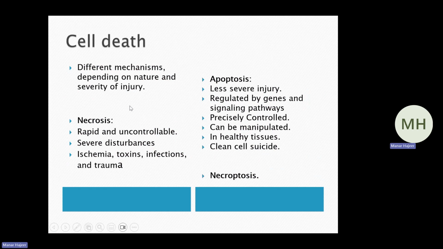Now, as I said, cell death occurs by two different mechanisms, which are necrosis and apoptosis. What will decide how the cell will die is the nature of the injury, severity of the injury, and the status of the cell.